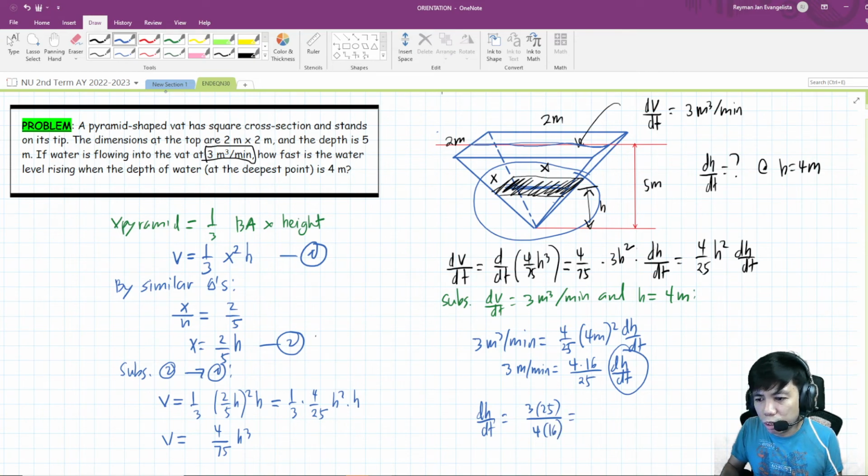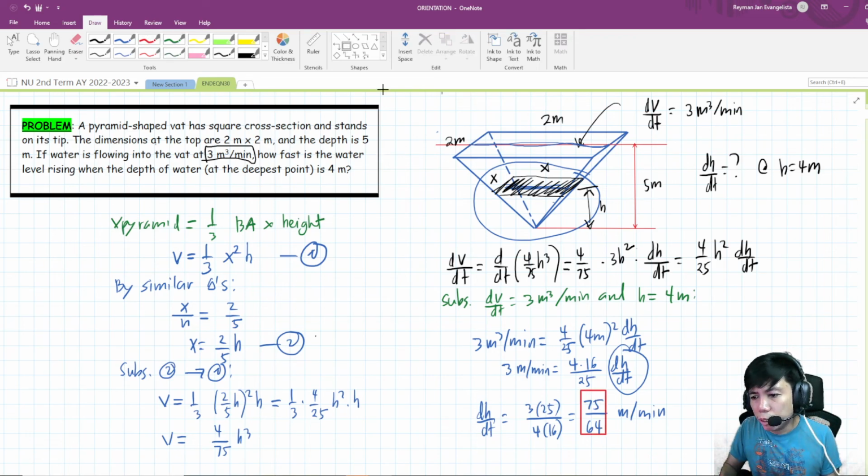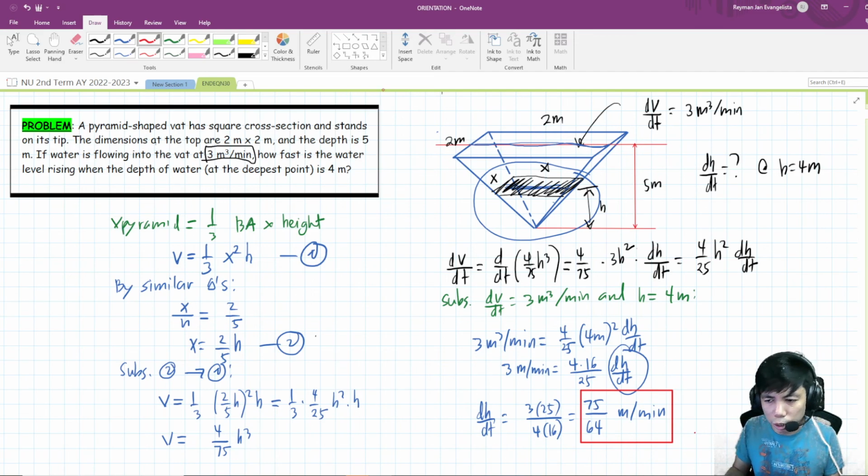So 3 by 25 is 75 and 4 by 16 is 64. The unit is meter per minute. Therefore the water level is increasing at the rate of 75 over 64 meters per minute. If you want to write this as a decimal, okay lang naman guys. So that's it.